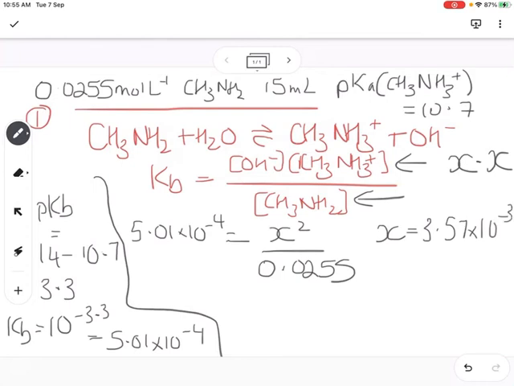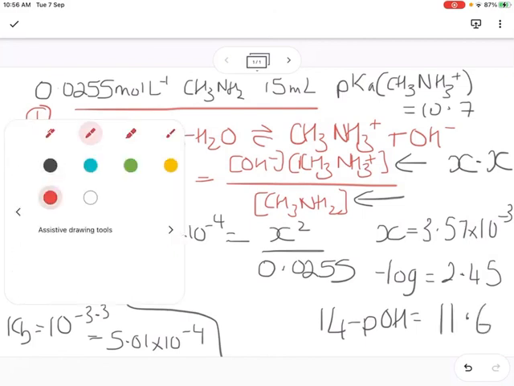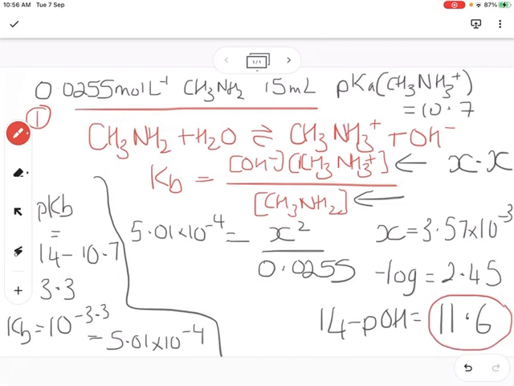And I'm going to negative log that to give me the pOH, which is 2.45, and I'm going to subtract that to give me the pH, so 14 minus answer, which gives me 11.55 or 11.6 to 3 significant figures. That's my point 1.